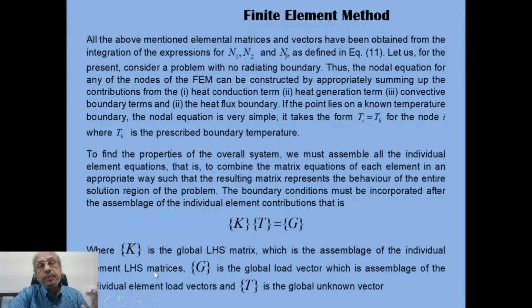So that means for an individual element we have seen, we get a left hand side matrix multiplied by T1, T2, T3 equal to the known vector on the right hand side. If we assemble all the individual element left hand side matrices, we get this global left hand side matrix.